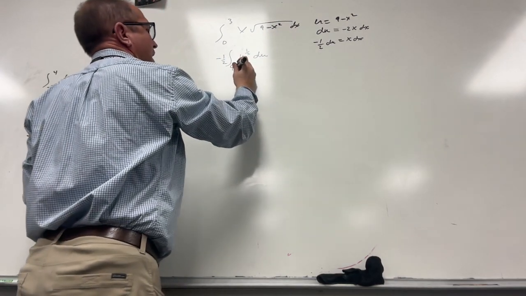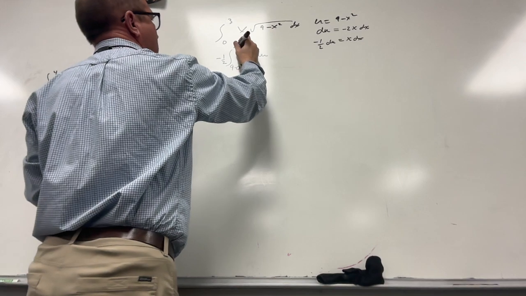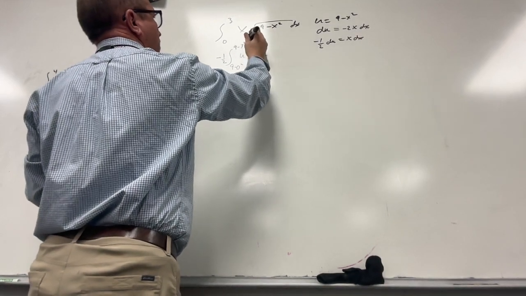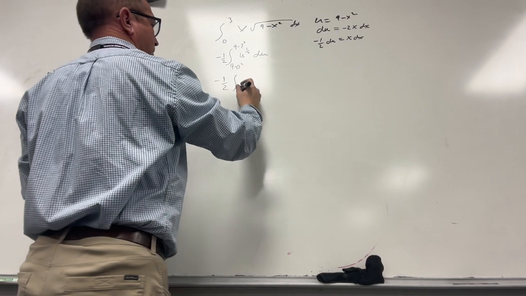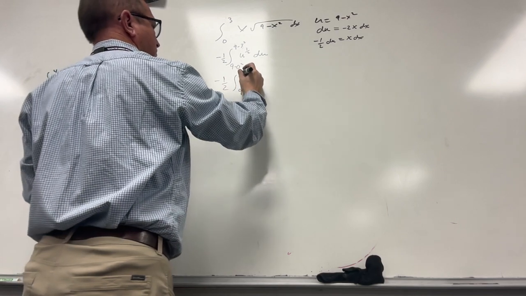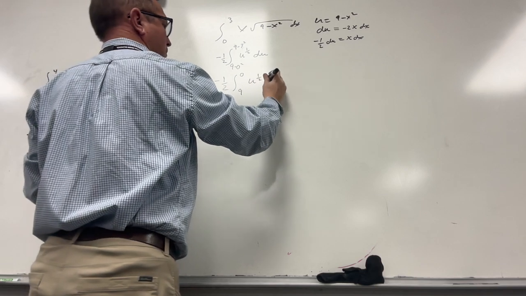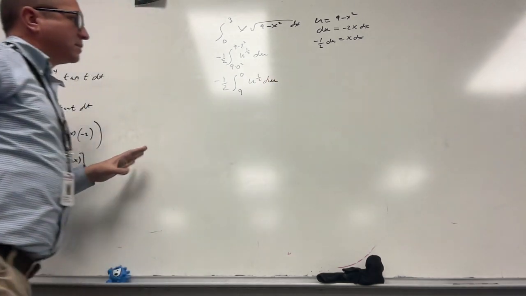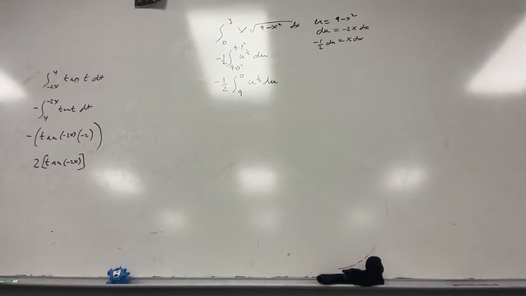So this is going to be 9 minus 0 squared, and this is going to be 9 minus 3 squared. All right, is there a question about that? Those are my new limits of integration.